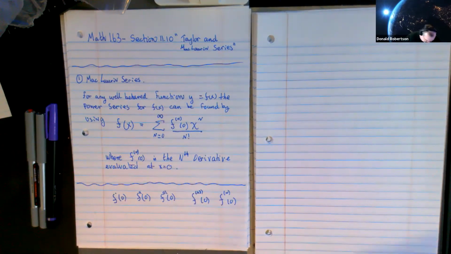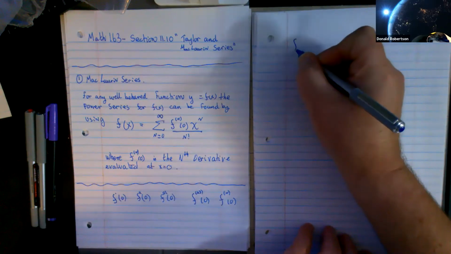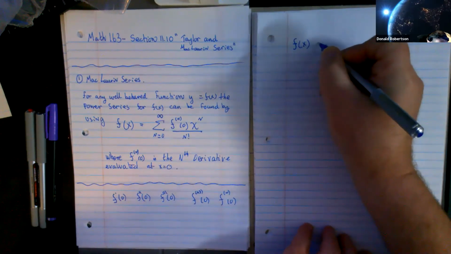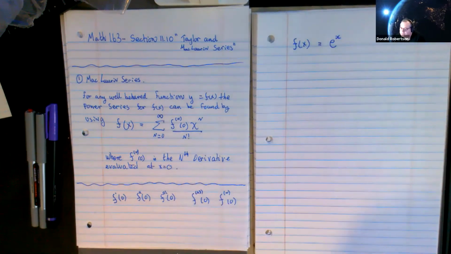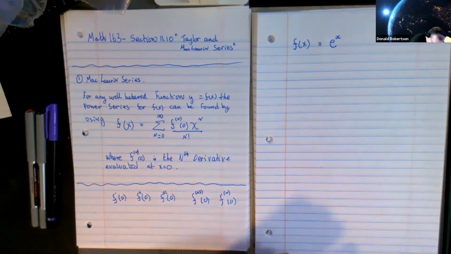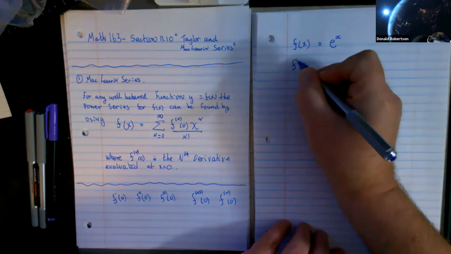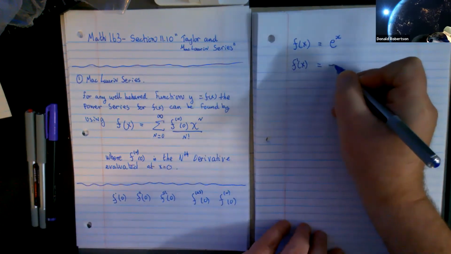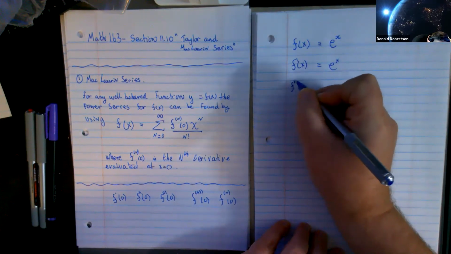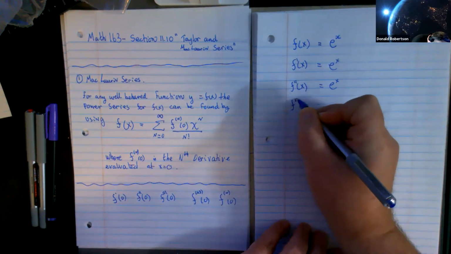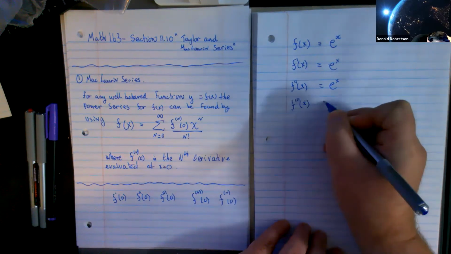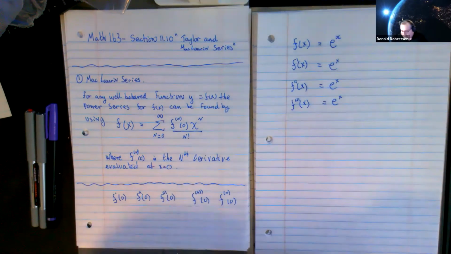So let's find the Maclaurin series for e to the x. So far, so good. Right, so let's start. The reason I chose e to the x is that you can't get any easier as far as its derivative is concerned, because aren't all the derivatives e to the x?